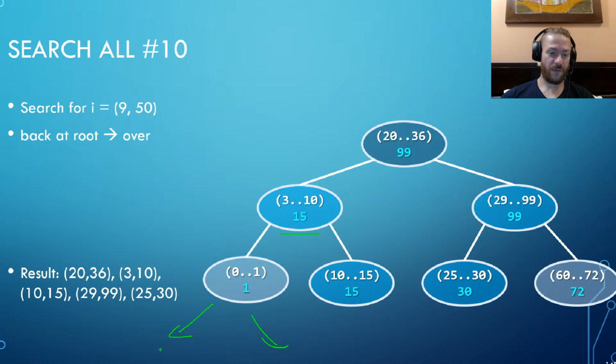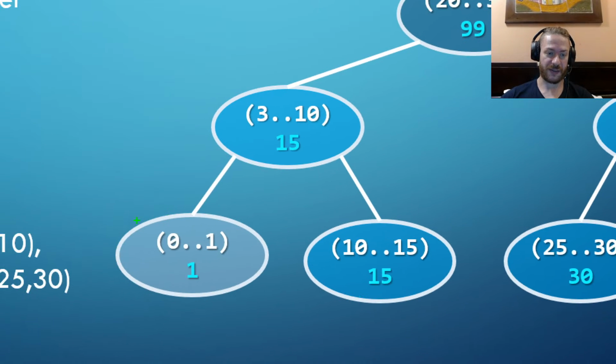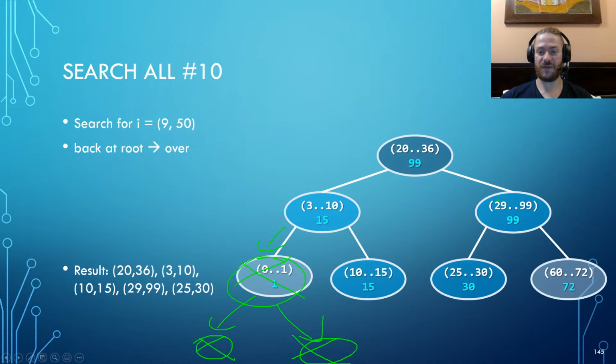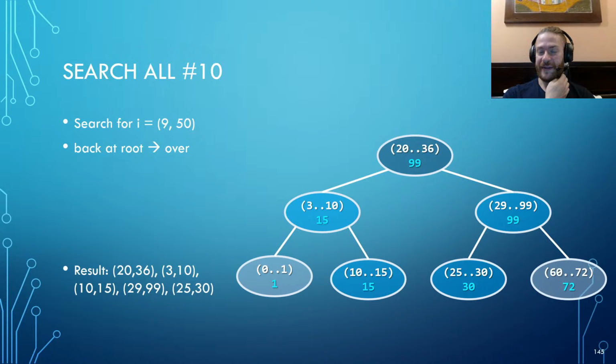So for example, if we had more intervals here, which is not very possible because this is kind of a small interval, but if we had more here, and if we see that our search does not belong to this one, we can ignore all the values. So searching for all the intervals is very fast and very efficient, because we skip huge parts of the trees where the interval will not match. That's the whole idea behind the interval tree.